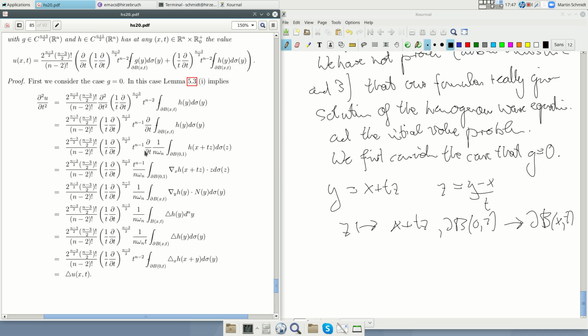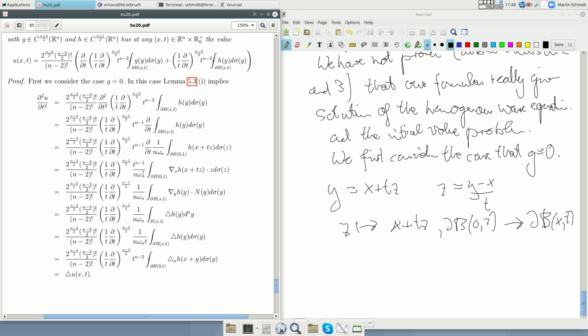This we have done several times, so we put it in the integral, take the differentiation, then we get the inner derivative z, and the outer derivative is the gradient times z. This is just this derivative. And here we again have this factor, so this is very nice here. This is exactly this derivative.